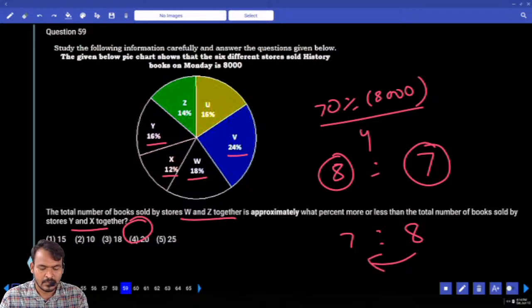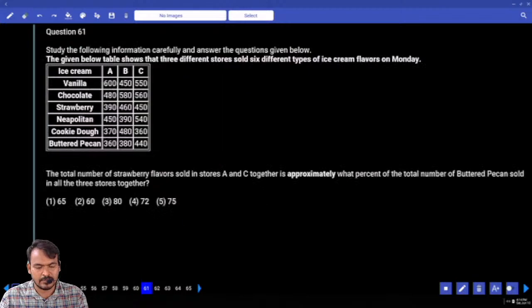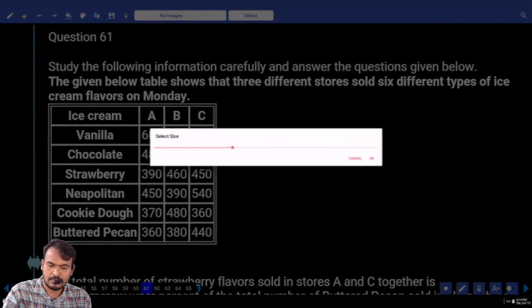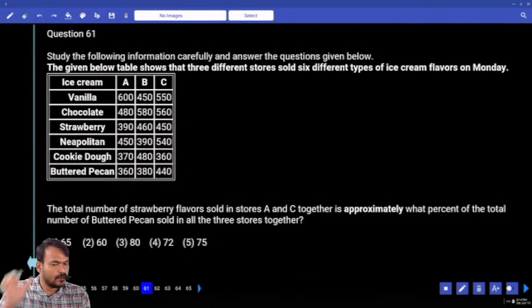Okay. Question number 61. The table below shows that 3 different stores sold 6 different types of ice cream flavors on Monday.